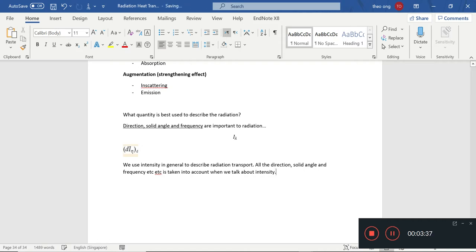How is direction being taken into account? This is taken into account when we say we take energy per unit normal area. Notice I bolded the normal because that is what actually gives you the direction.